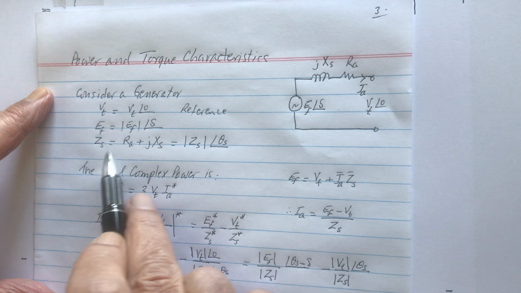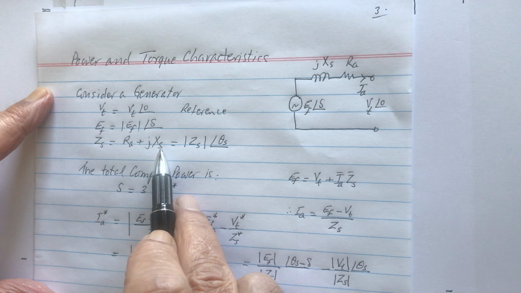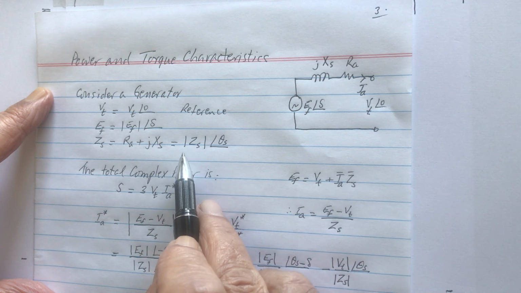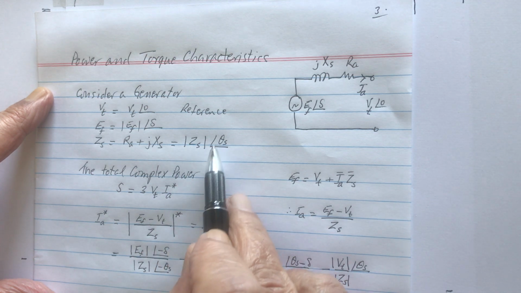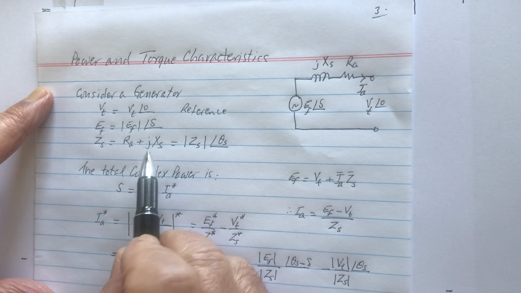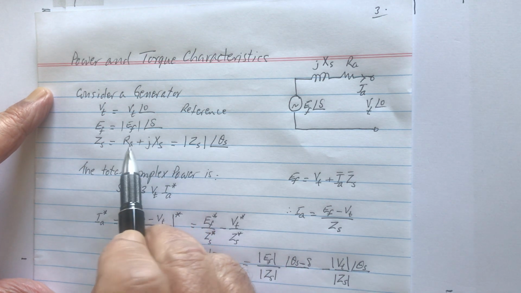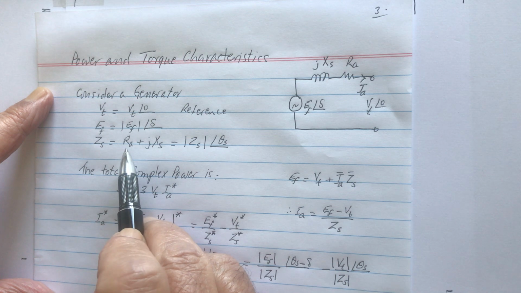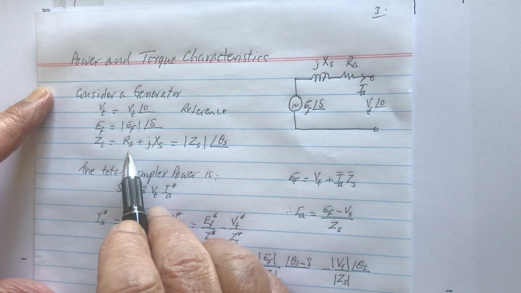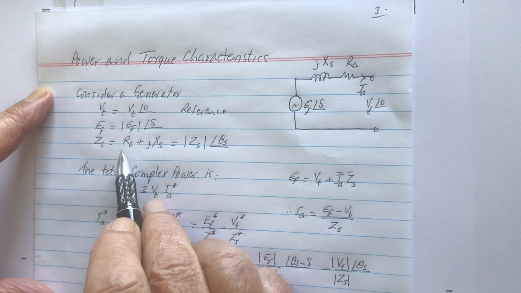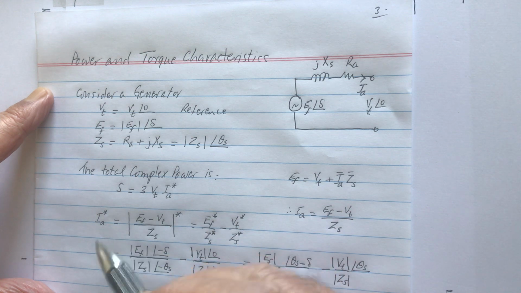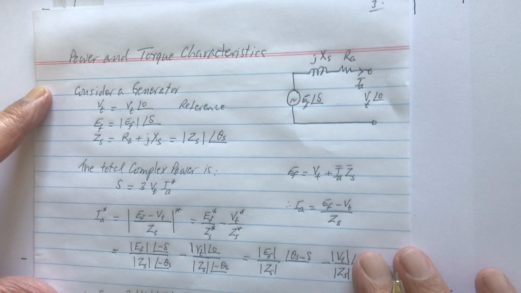Where ZS equals RA plus JXS, which is equal to the magnitude of ZS and the angle theta S. Theta S is the tan inverse of XS divided by RA. We leave the RA now in the derivation, and then we'll see later what happens when we neglect RA.